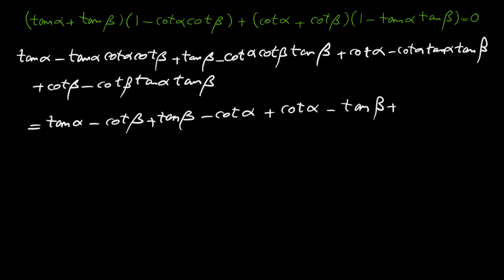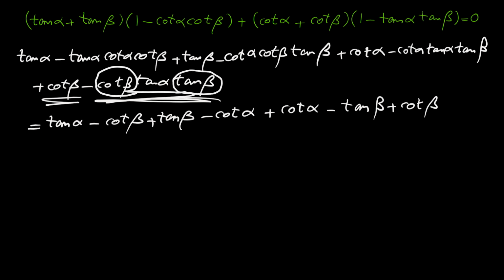And then we have cotangent beta. For this term, tangent beta times cotangent beta is 1. When we multiply these, they are reciprocal, they cancel each other. So we have only negative tangent alpha.